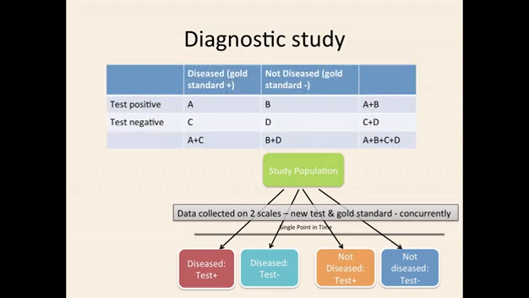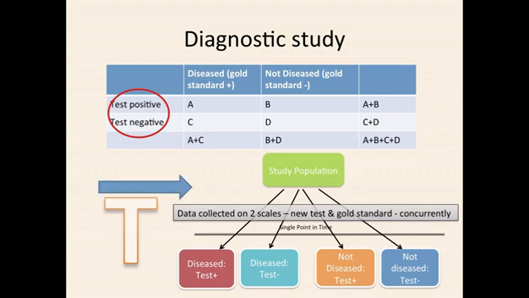In this 2 by 2 table, these four groups are plotted. The new test results, test positive and test negative, are plotted along the rows. Remember, test T for the rows. The disease status, according to the gold standard, is plotted along the columns.